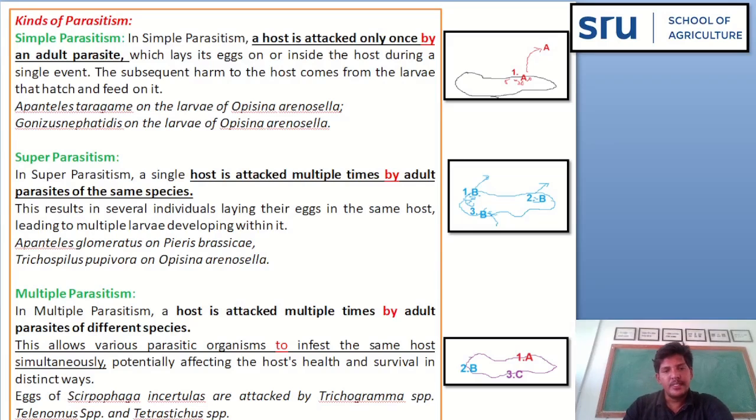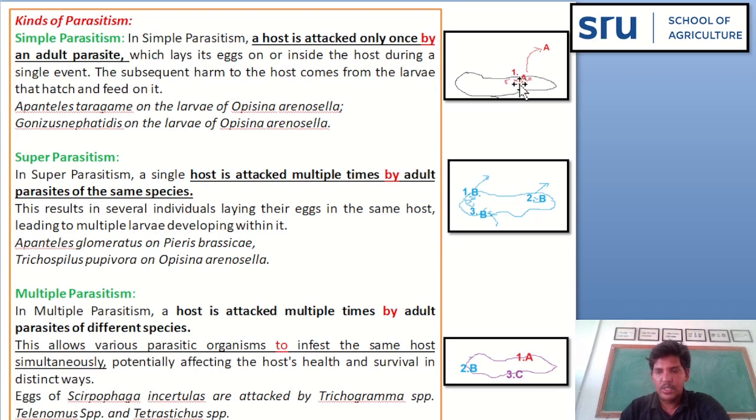Sorry for the disturbance. Let's see kinds of parasitism: simple parasitism, superparasitism, and multiple parasitism. In simple parasitism, a host is attacked only once by an adult parasite. See here, A is the adult parasite which attacks this host only once.